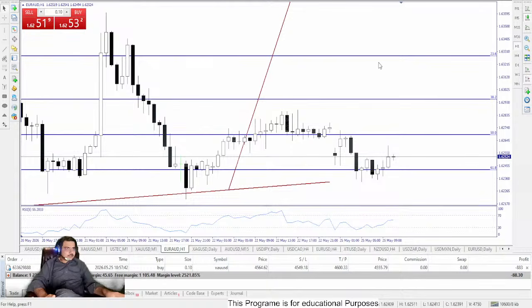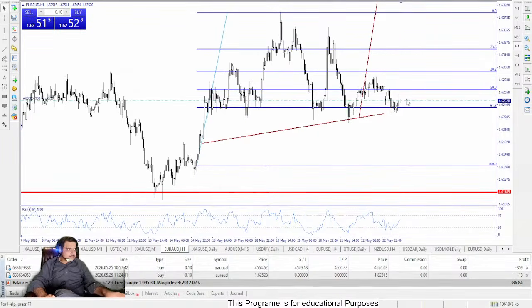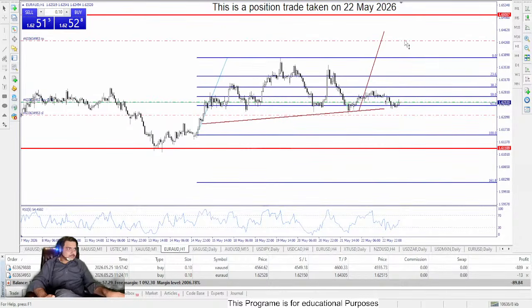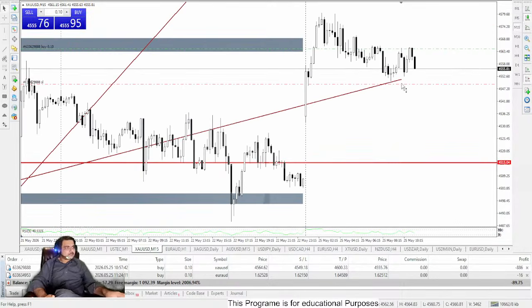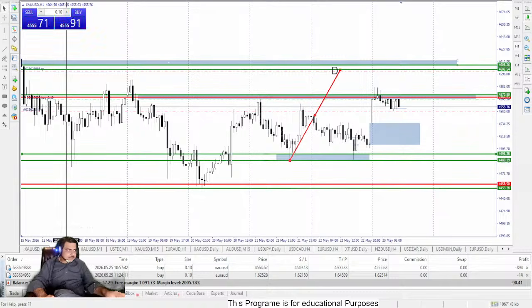Euro AUD is showing me something very good. Where is that other template?